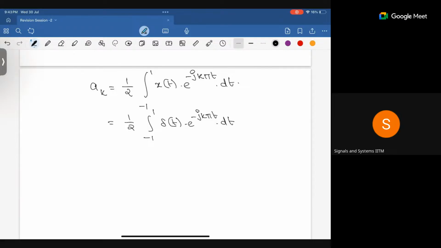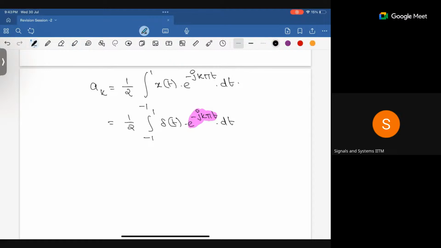All right, so now let's test your understanding of the Dirac delta. What will happen when I integrate, inside the integral, if I have δ(t) and some other signal x(t) getting multiplied?